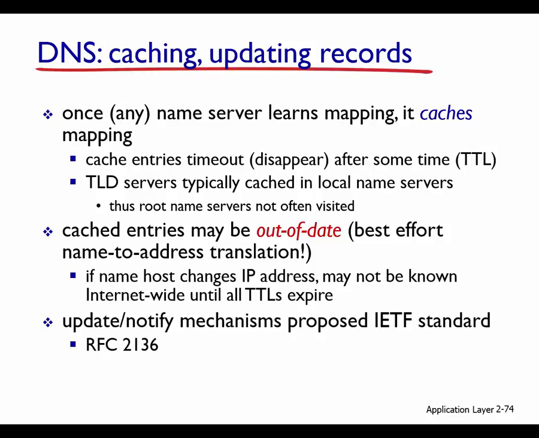So if something happens and you have a host, the host goes down, and the IP address changes, it may not propagate right away throughout the network. Because of this, these times to live are often not set too high. And this whole mechanism is defined in RFC 2136.